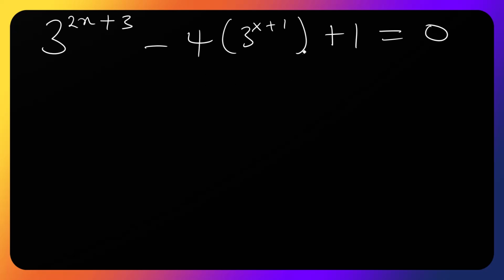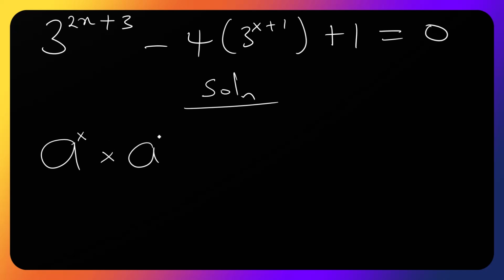All right, so let's observe this one carefully. Solution. Now, before we even start, let's understand this. A exponent x times a exponent 2 will be a exponent 2 plus x, or x plus 2, okay?